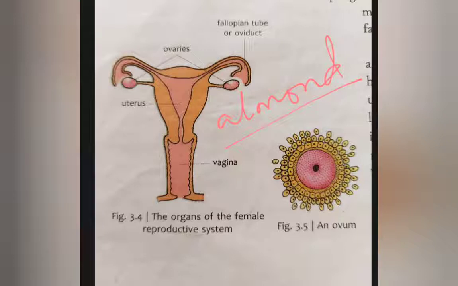Basically, you all know that they are mixed glands, and that means they have the functions of both endocrine and exocrine glands. Both testis and ovary are mixed glands. So they are almond-sized oval glands situated in the pelvic or the hip region of the female body. Now their main function is to produce eggs or ova.